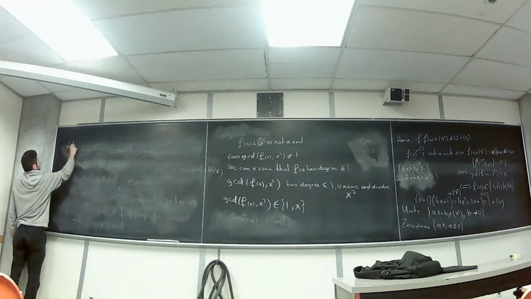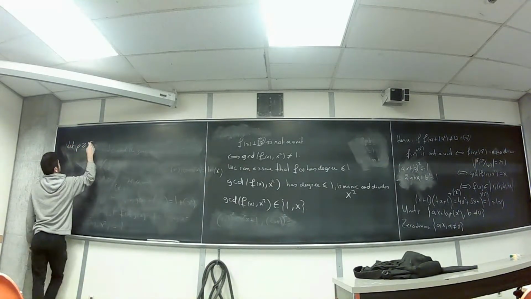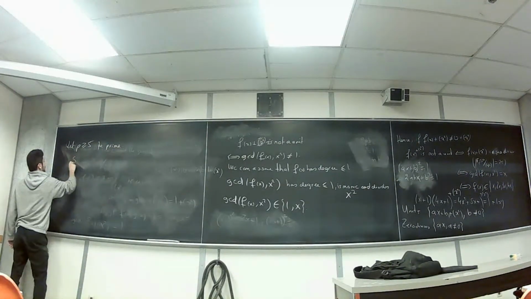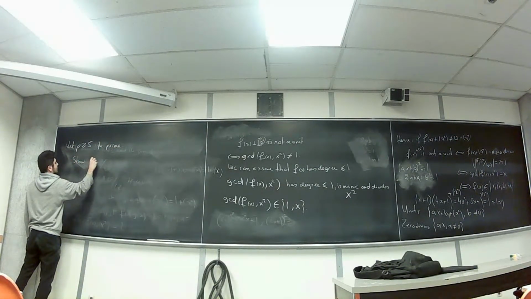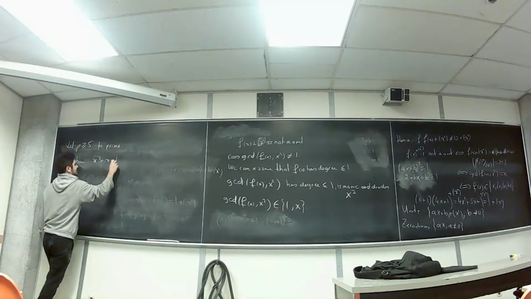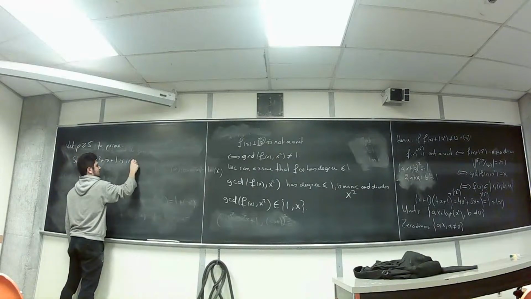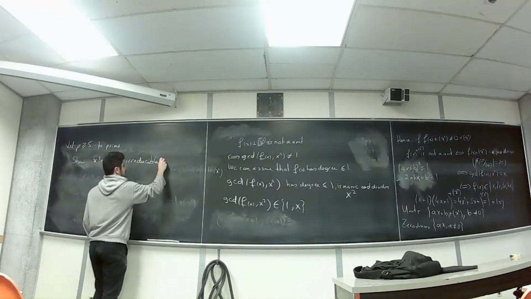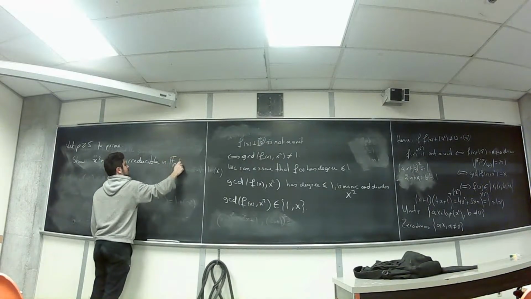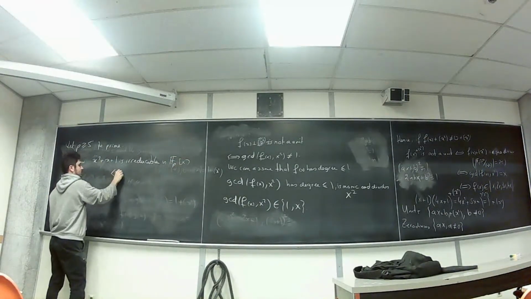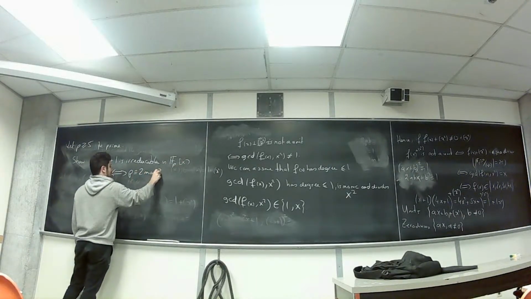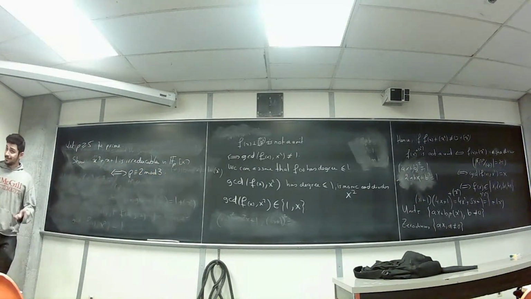So let p be a prime. x squared plus x plus 1 is irreducible in Fp[x] if and only if p is congruent to 2 mod 3.